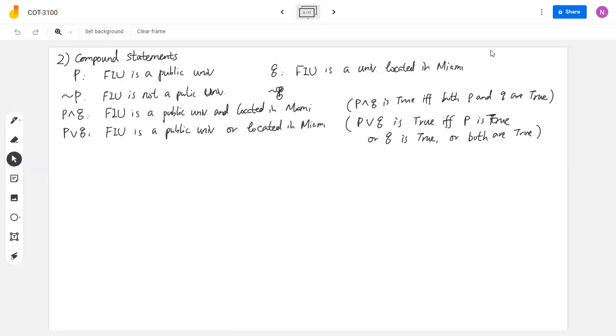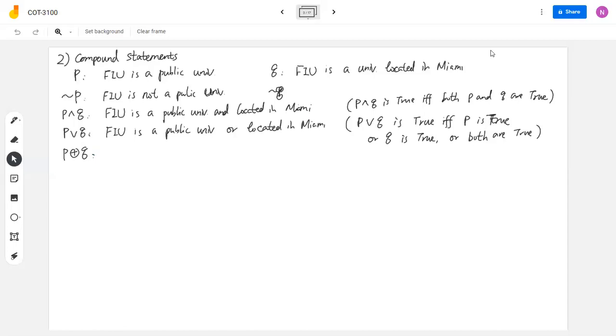Okay, I think you shouldn't have any difficulty understanding these three logic operators. Maybe you have some difficulty understanding the exclusive OR. It's called exclusive OR because it's very similar to OR.